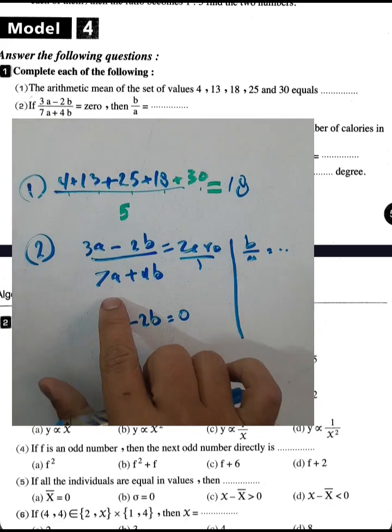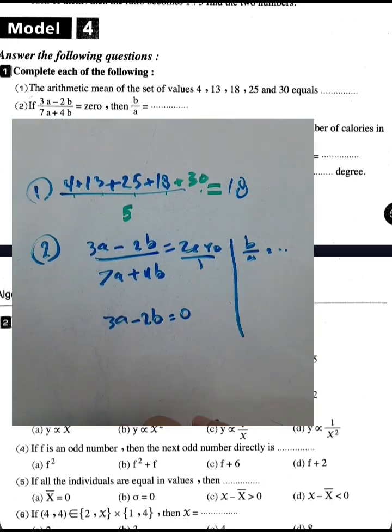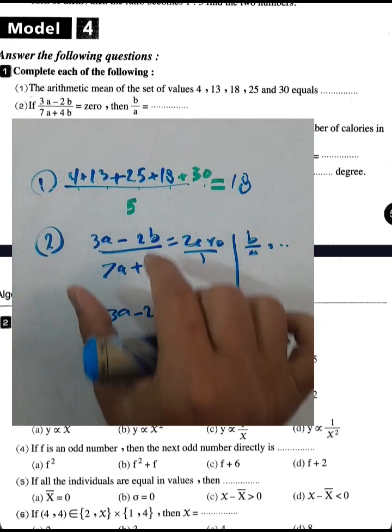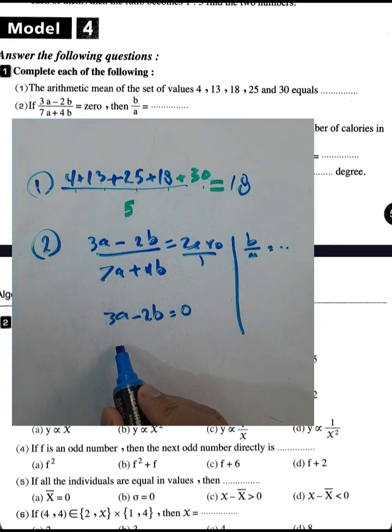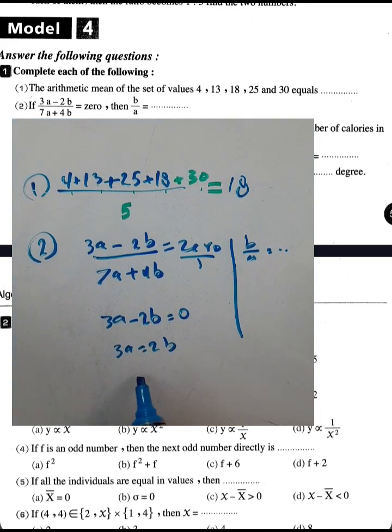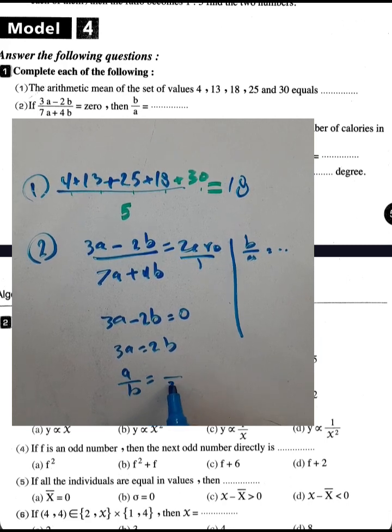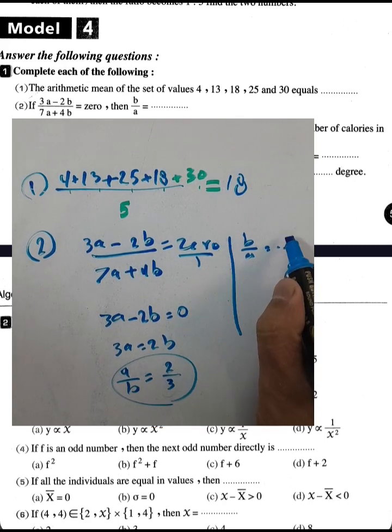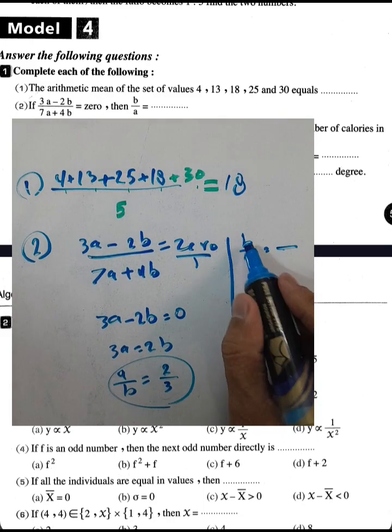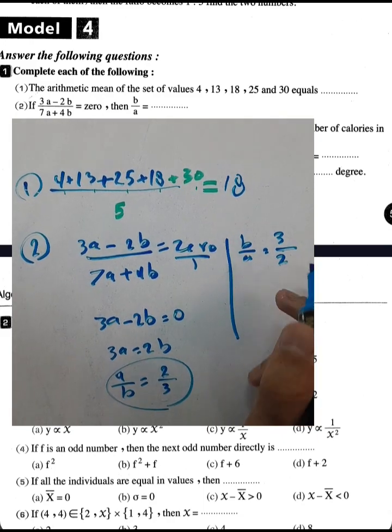But 7a plus 4b is not equal to 0, so the numerator must be equal to 0. Then 3a equals 2b, so the ratio of a to b is 2 over 3. But we want b over a, so we write the inverse of this fraction, 3 over 2.